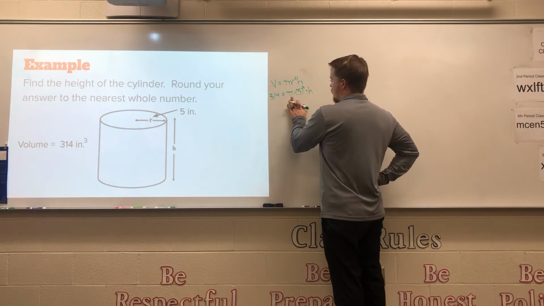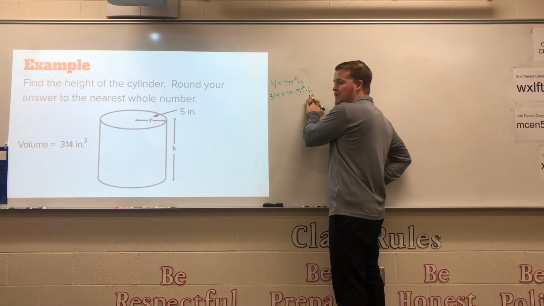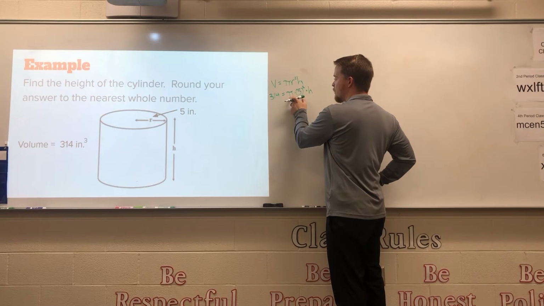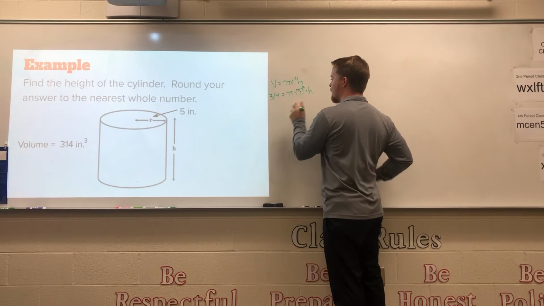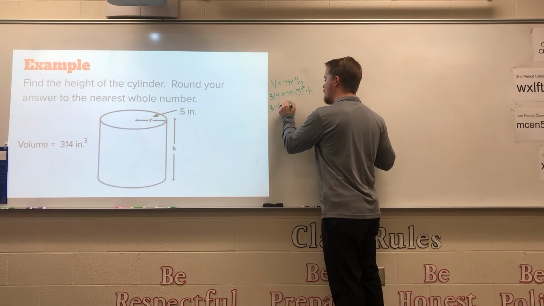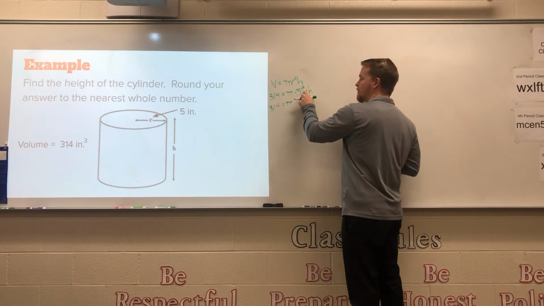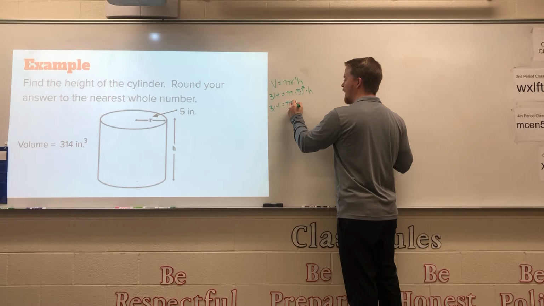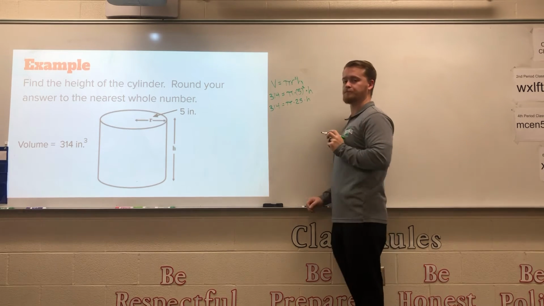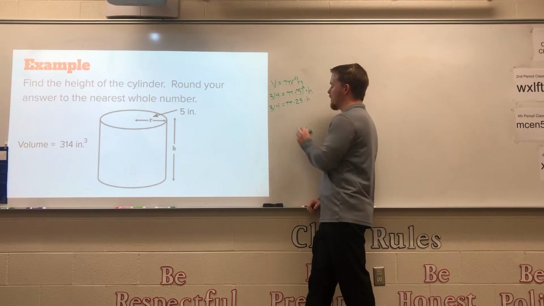Okay, so now, if we're solving for H, that means we need to get H by itself. First, I'm going to simplify this side. We have pi times 5 to the second power. So I'm going to bring down 314 equals pi, and then 5 to the second power, I'll simplify that, is 25 times H. Okay?